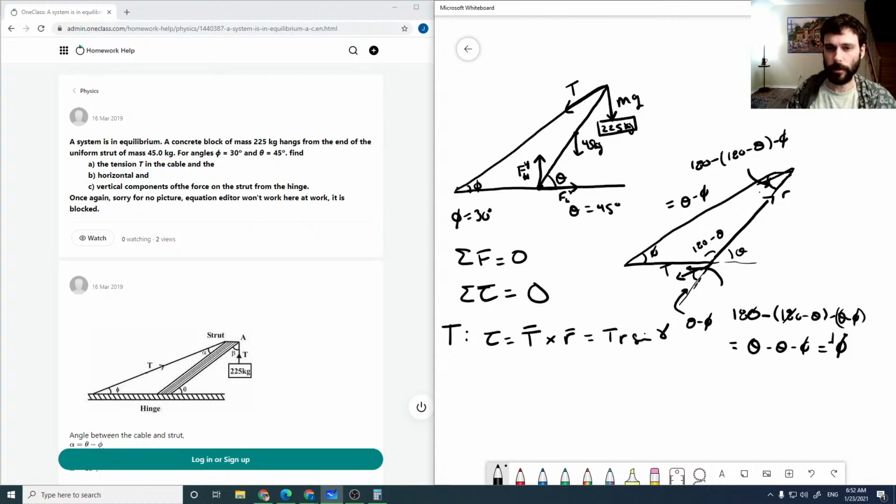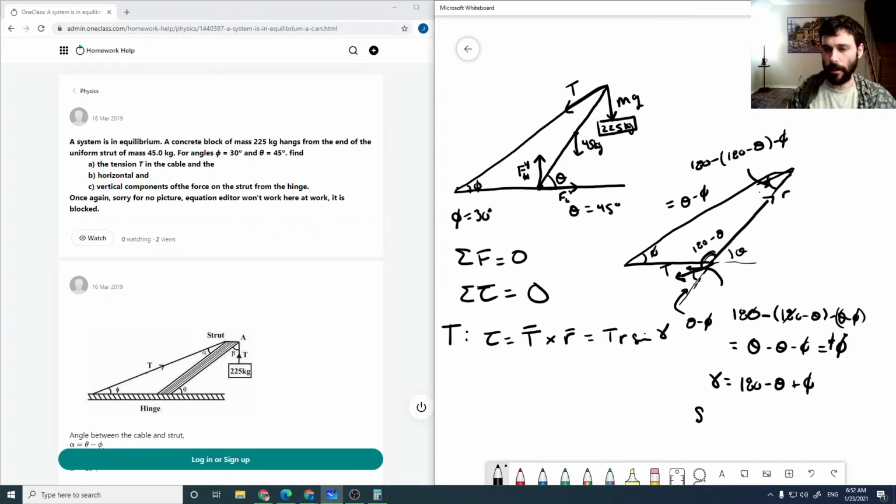So this is actually a similar triangle here. Which means, finally, that this angle, our gamma angle, which is the full angle, that's the difference between the two, is 180 minus theta plus phi. Okay.